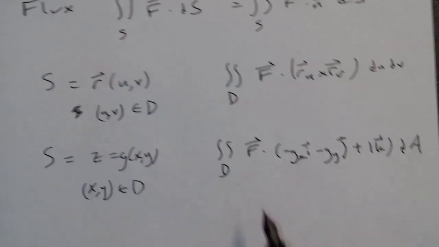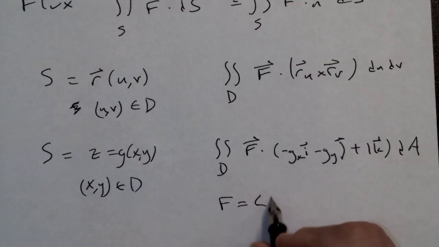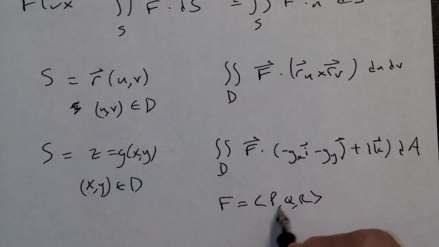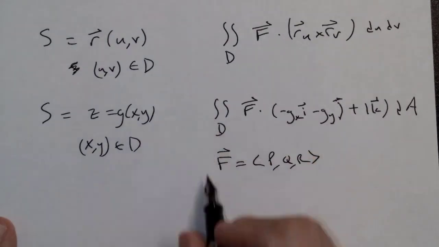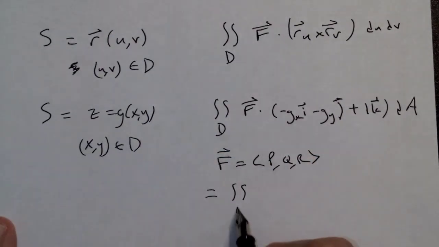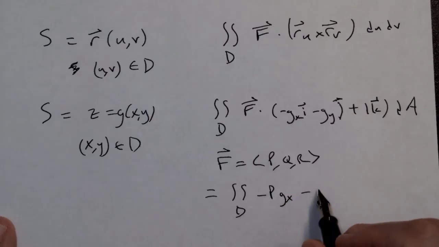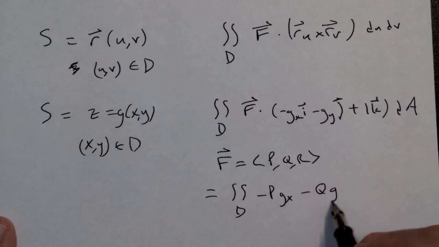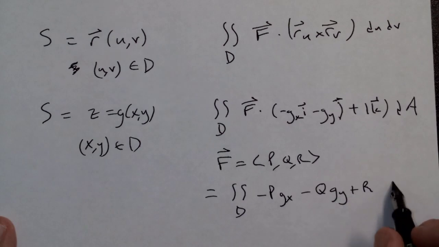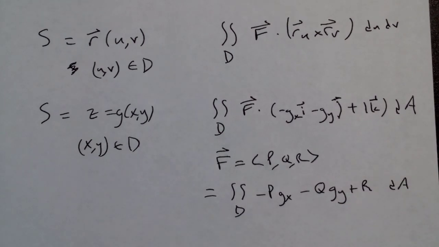But if I write F as P, Q, R, then this integral is equal to the double integral of minus P g_x minus Q g_y plus R dA.